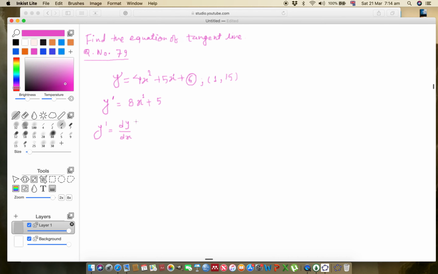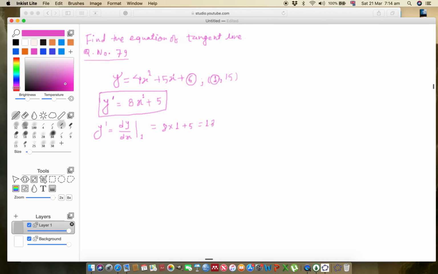Now we have to test the value of this first derivative at x equal to 1, because the curve at the indicated point is 1 comma 15. Putting 1 here, the value of y prime is 8 into 1 plus 5, which is equal to 13.